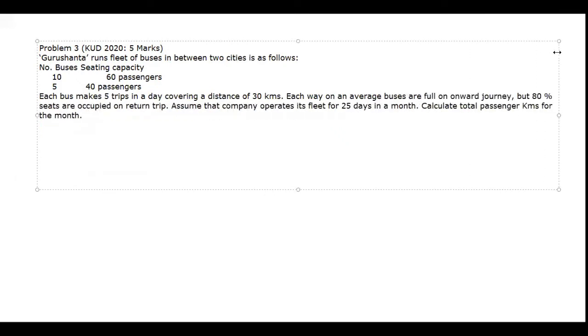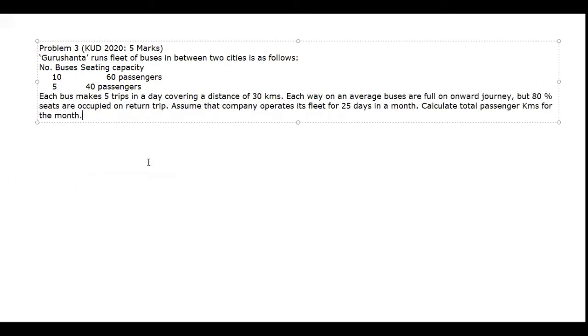The next problem I'm going to solve is from Karnataka University Dharwad, which was asked for 5 marks in the year 2020. So this is the problem here.